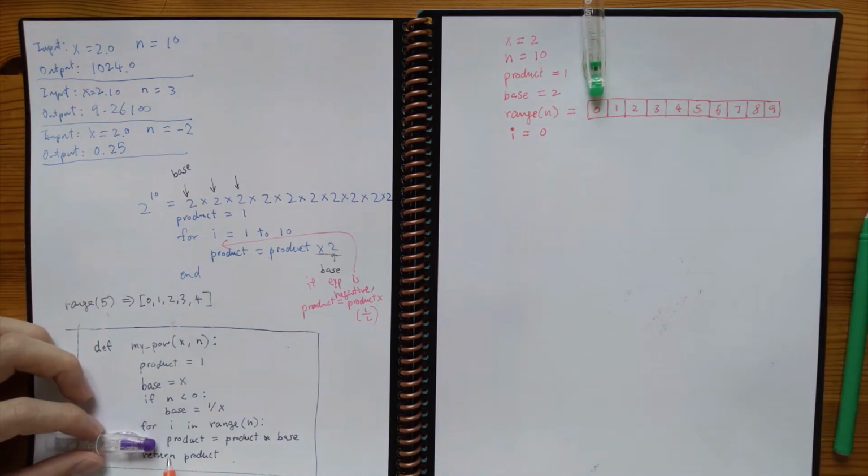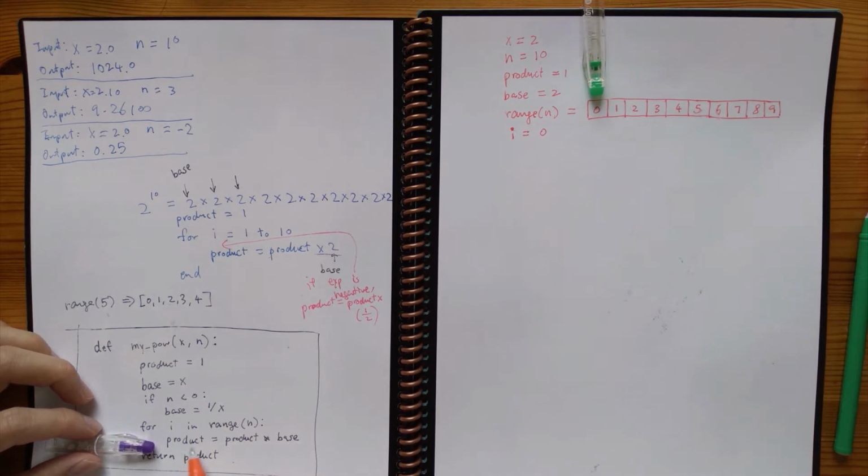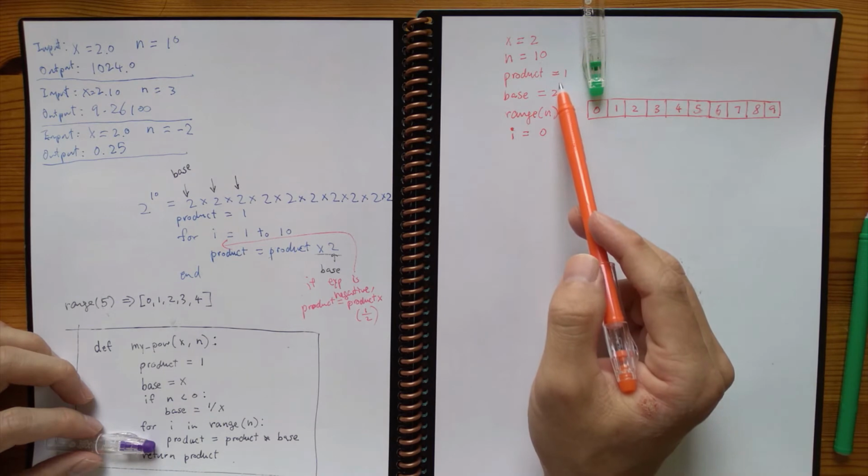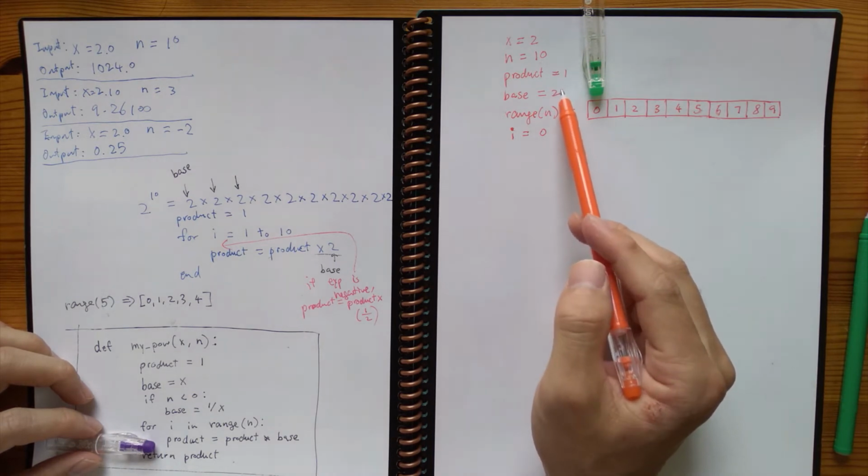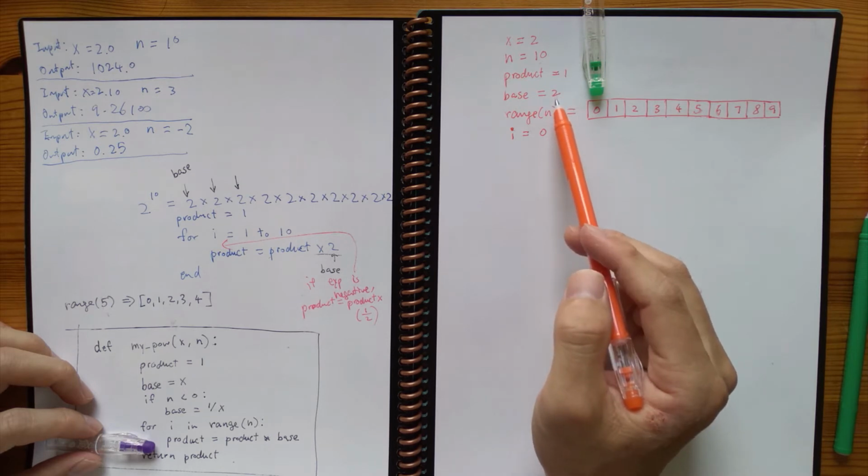And then we're going to advance into the body of the loop, which says we're going to take the product, multiply it by base, and then store it back into the variable product. Product is 1. 1 times base, which is 2, is 2.